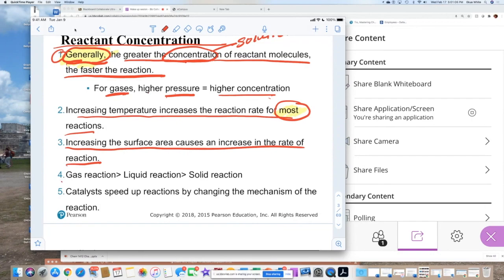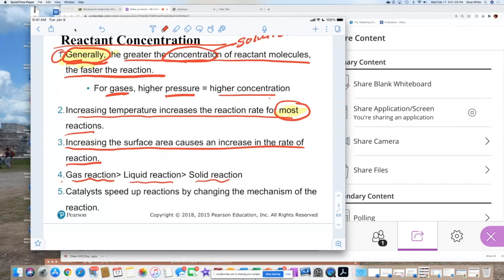Okay, number four, what about the physical state? We're told here, in general, gases tend to react faster than solids and, of course, than liquids. Now, the order is solids will tend to react slowly compared to liquids. Liquids and solids are slower than gases. Gases tend to react the most.